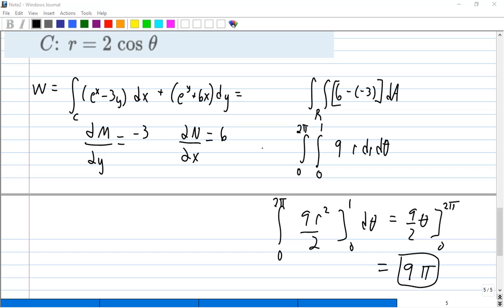So conservative vector field, and if C is closed, then your line integral using Green's theorem is going to be equal to 0. It doesn't have to be conservative. I mean, you don't have to have conservative vector fields.